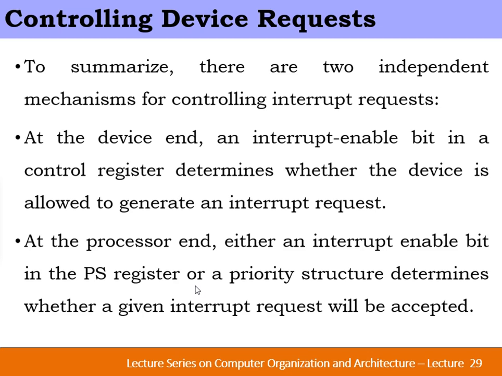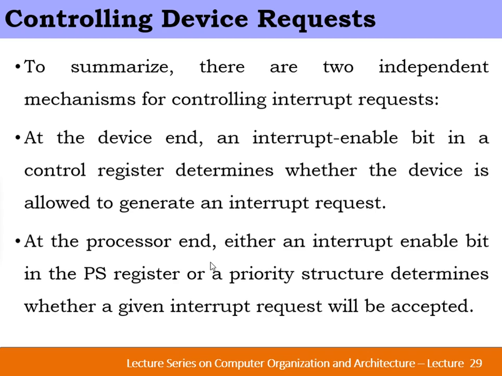Priority mechanisms can be used to determine whether a given interrupt request should be accepted or not. So one is at the device end and the other is at the processor end. At the device end we check the control register for the corresponding enable bit, and at the processor end, whether the processor should accept the interrupt request or not is based upon the enable bit.